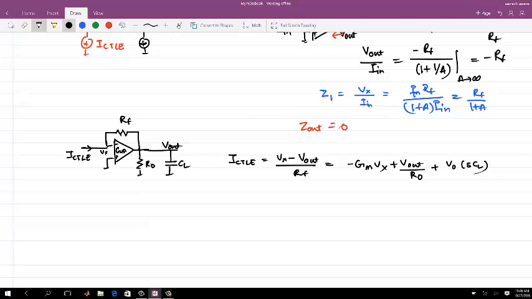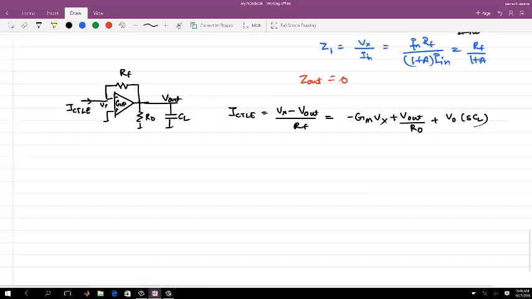There is a little bit of work which you can do. So what will happen here is you have Vx equal to Vout plus I_RF times RF.